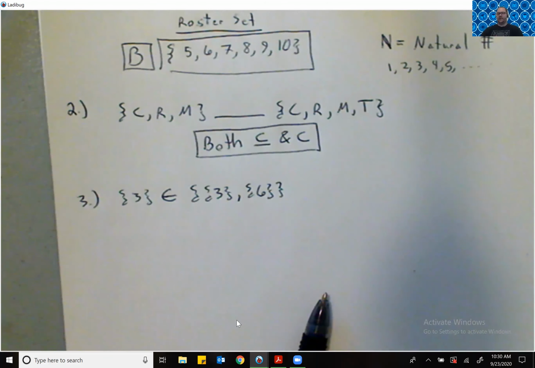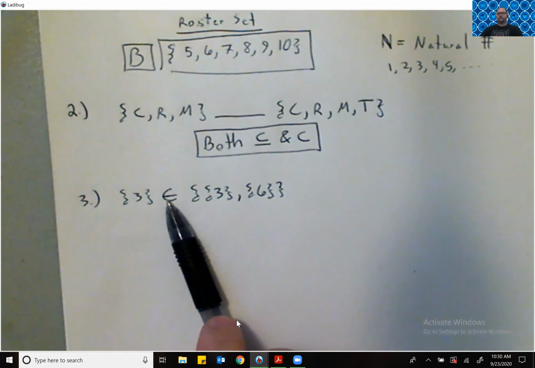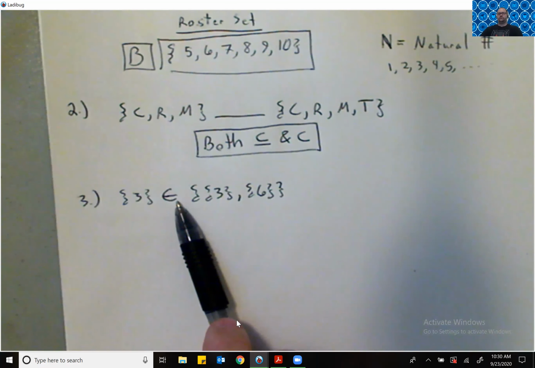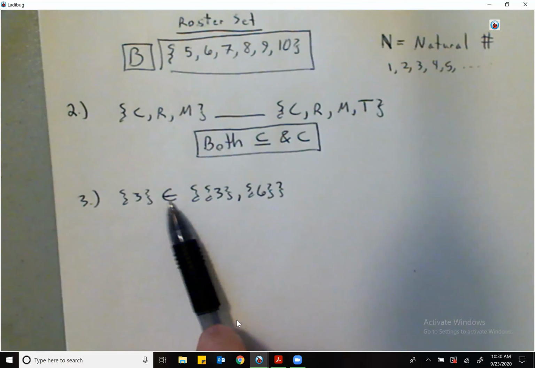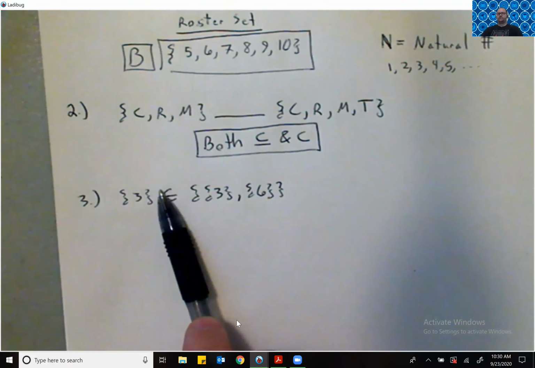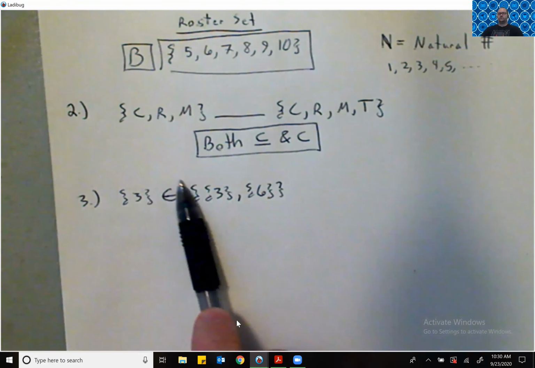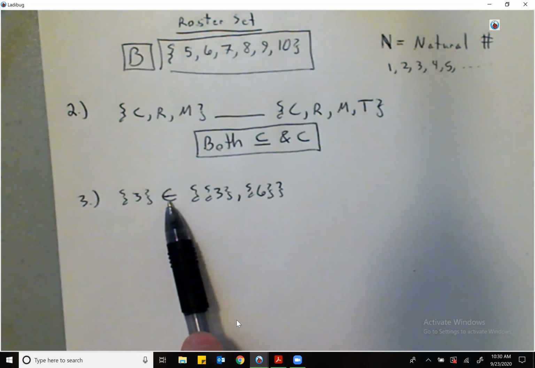Is it like a name, like Euler's number, something like that? Not quite a name. It's like a phrase. Is it the element? Yes.